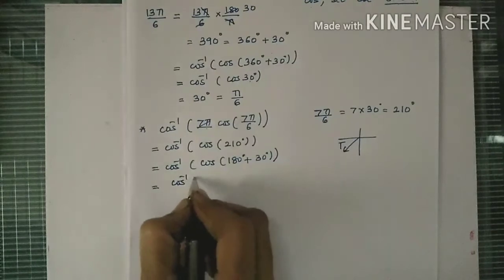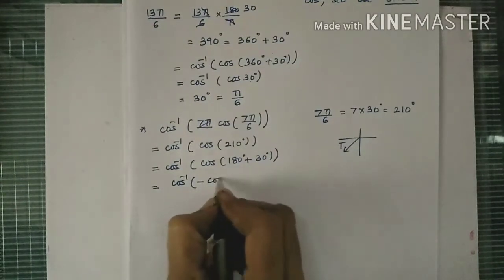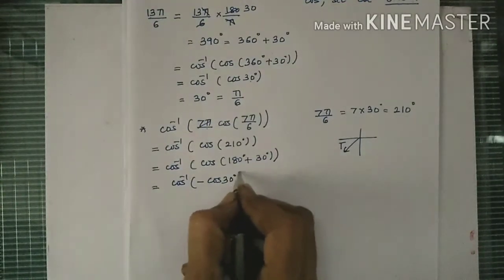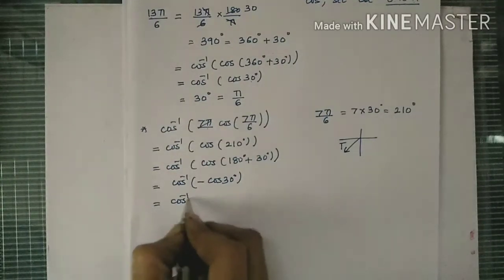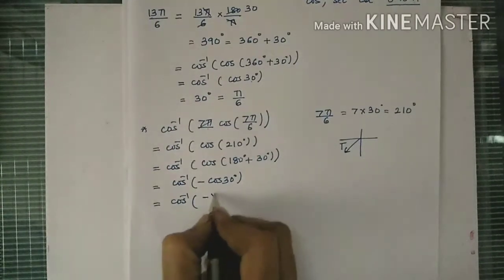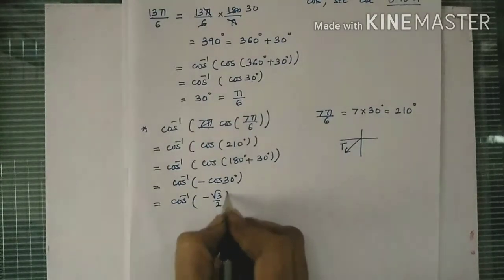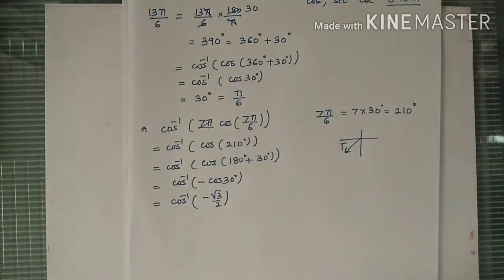So this becomes cos inverse of minus cos 30 degrees. Let's put the value of cos of 30 degrees, which is root 3 by 2. So this becomes cos inverse of minus root 3 by 2.